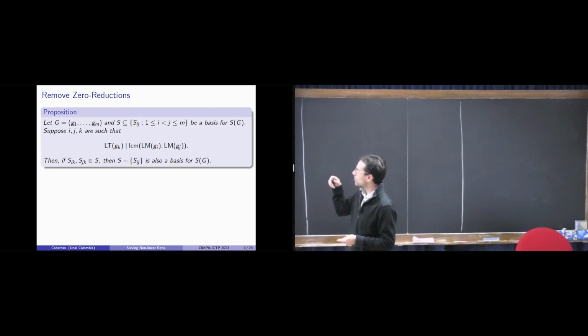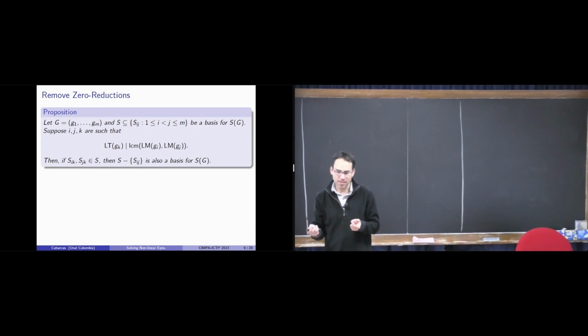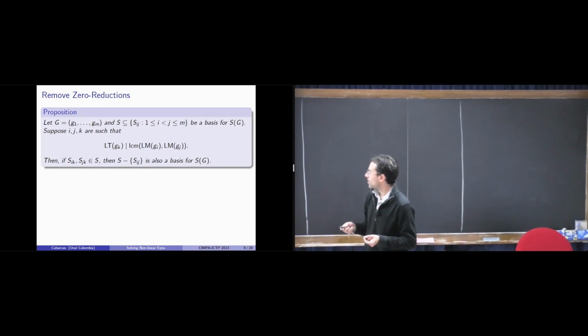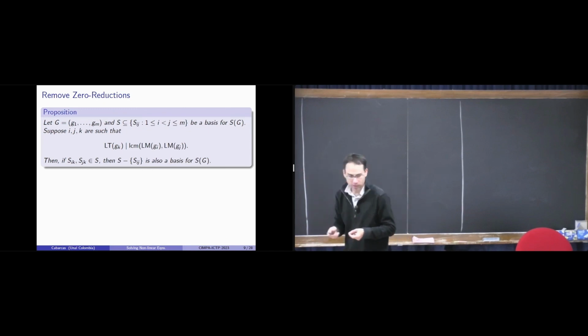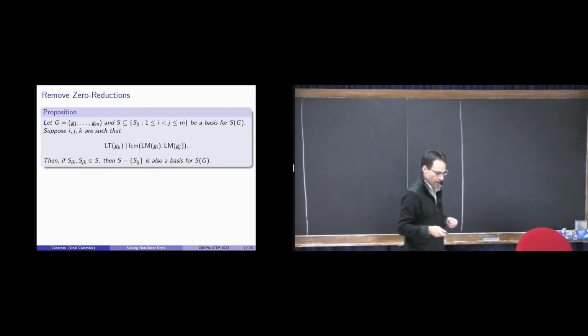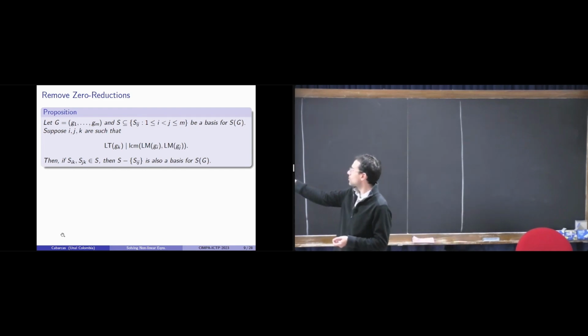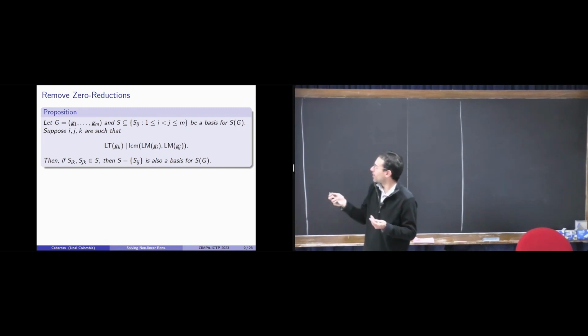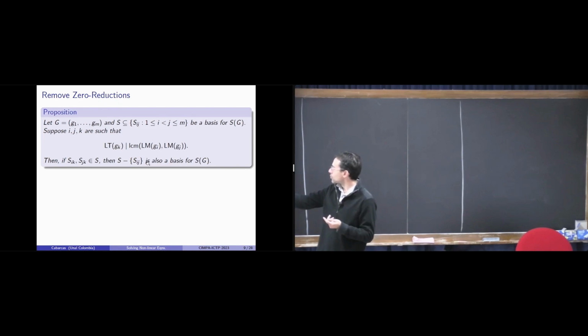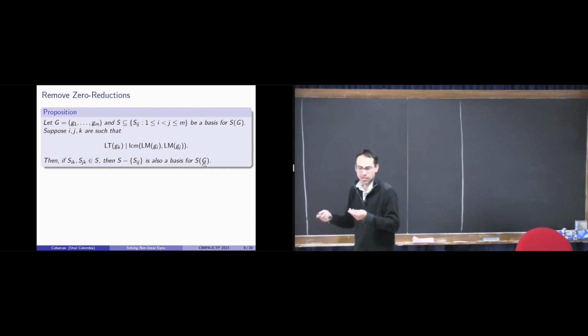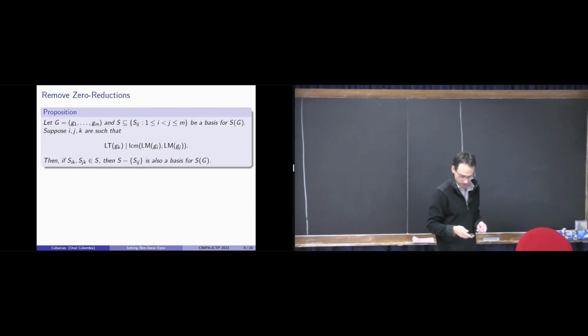So we have some criteria for removing elements in this module of syzygies that are redundant. This was one of those, and it's a bit technical. It has some condition on the leading terms. But the good thing is it allows us to remove some of these syzygies of the leading terms and still have a basis for the module of syzygies of the leading terms.